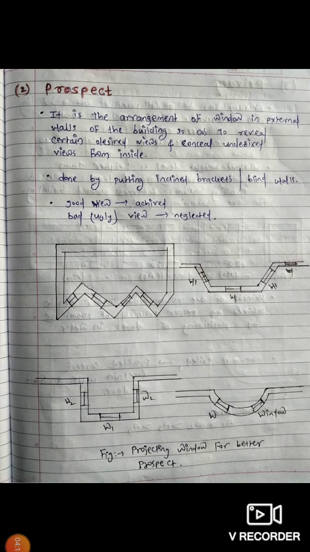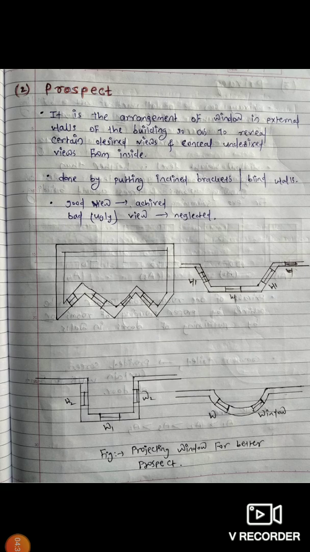This can be done by putting inclined brackets or providing blind walls. For example, if outside the building there is a garden, hillside, lake or any good view, we can achieve it by providing windows on the external side of the building.